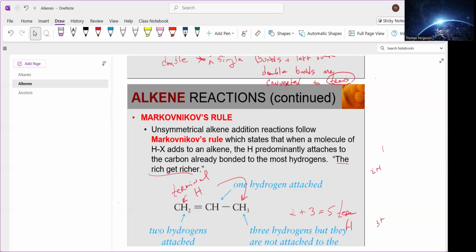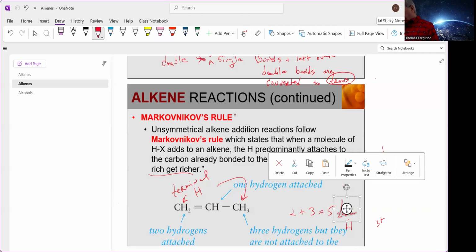Okay, there are 2 ways to determine this. One way is to use something called Markovnikov's rule. And here we're counting hydrogens on the end.